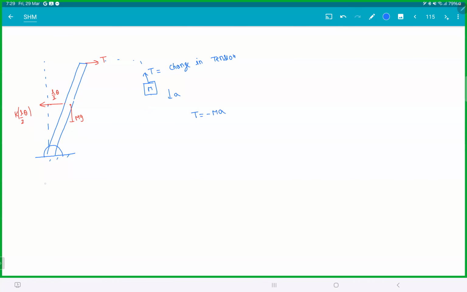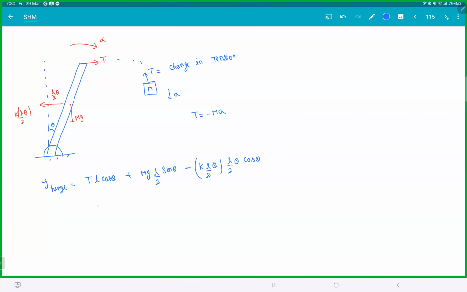Now, if you write the torque about the hinge, again, we always assume alpha in the direction of displacement. It will be T times the perpendicular distance L cos theta, plus mg L by 2 sine theta, minus K L by 2 theta into L by 2 theta cos theta.